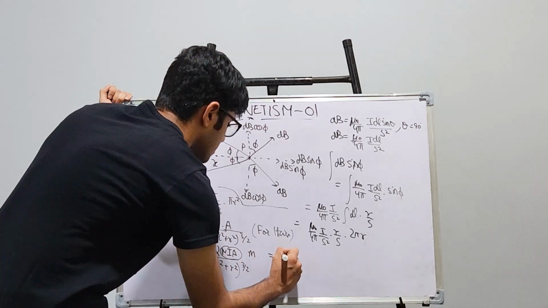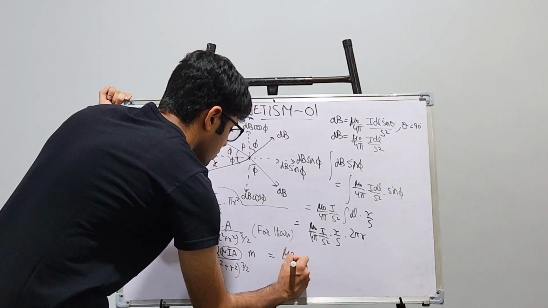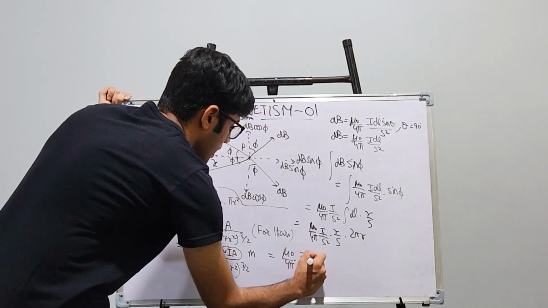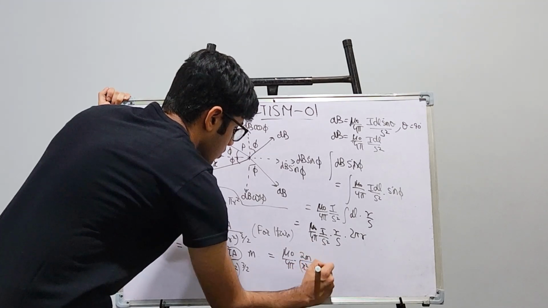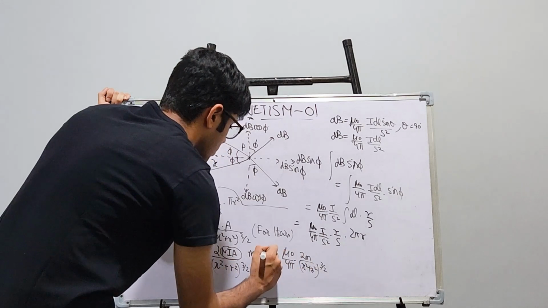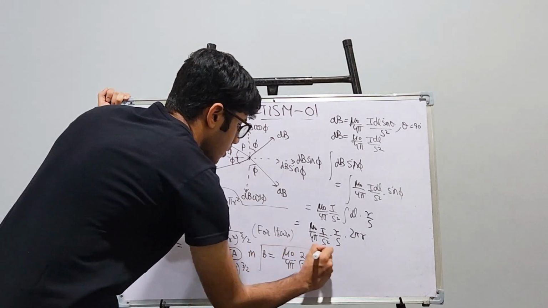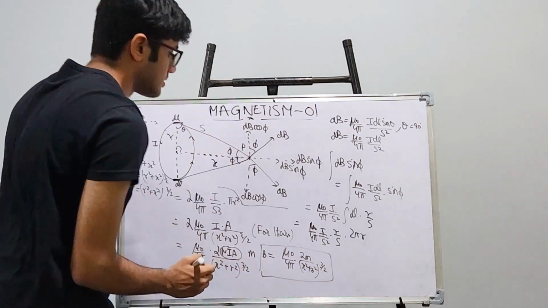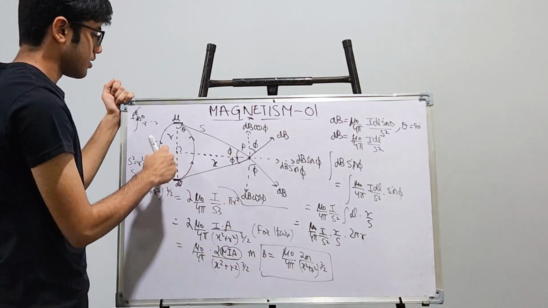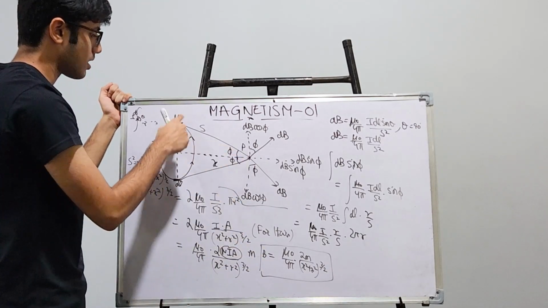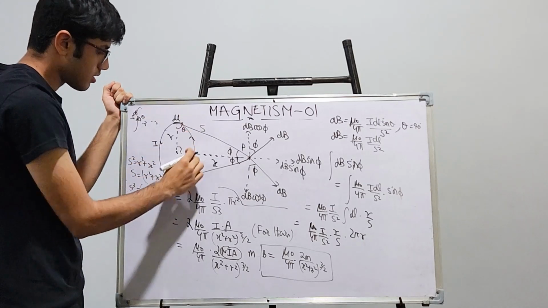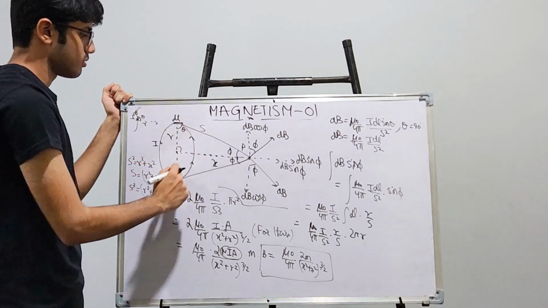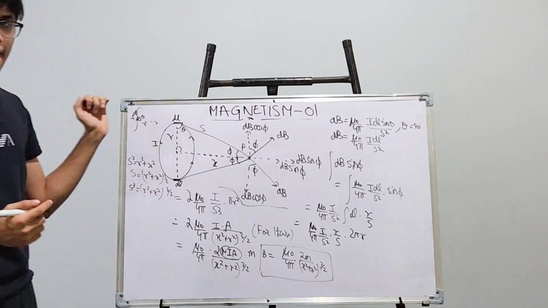So we can write this as mu naught by 4 pi 2m by x squared plus r squared whole to the power 3 by 2. This is the magnetic field at the axis of this current carrying circular loop, due to all these small dl elements put together, so basically due to the circumference.